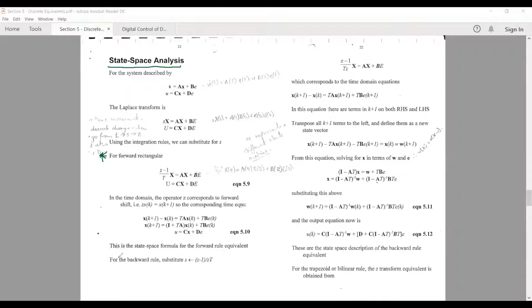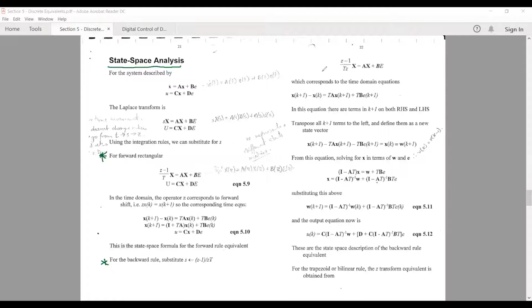Now the second one, the backward rule. In the backward rule, we substitute in place of s, z minus 1 over zT. So when we do that, z minus 1 over Tz times X is equal to AX plus BE.